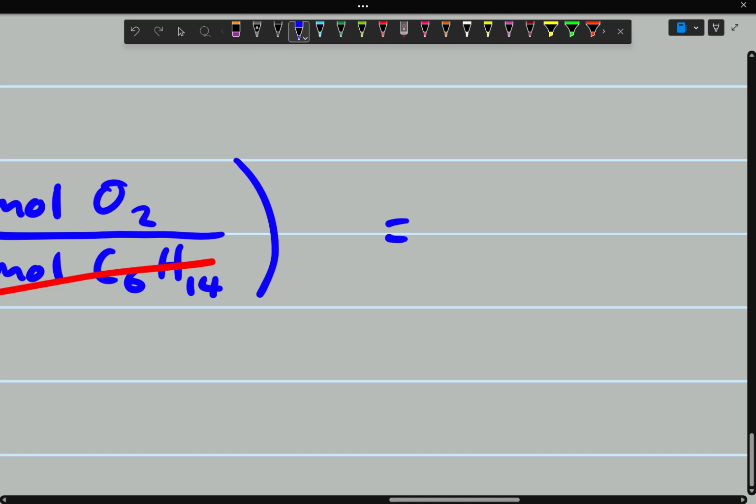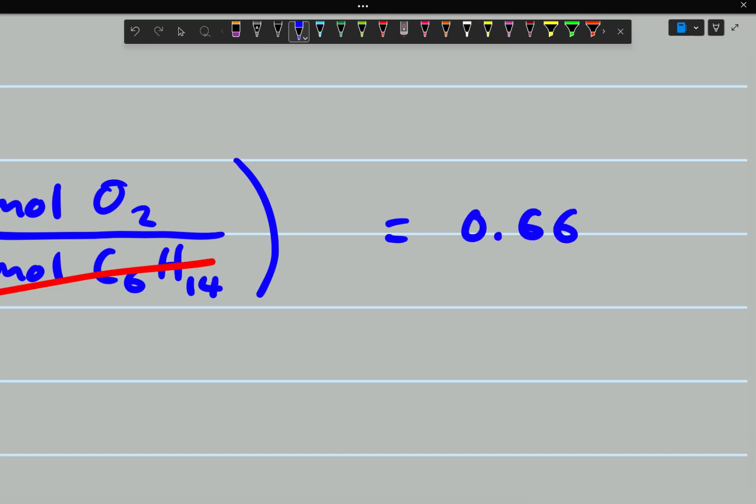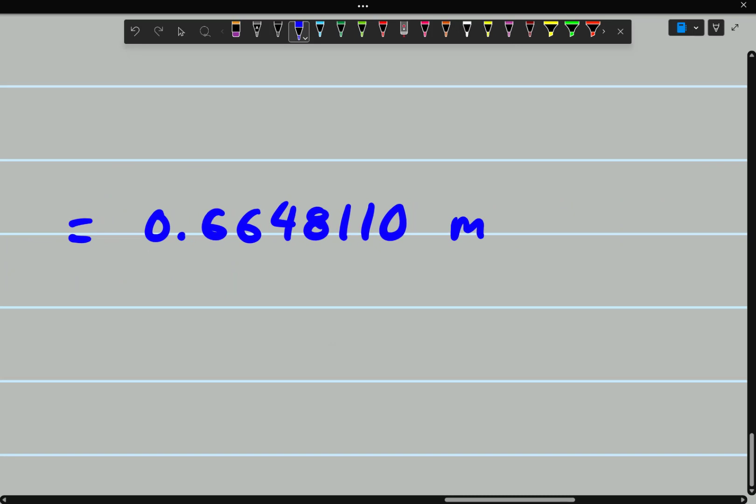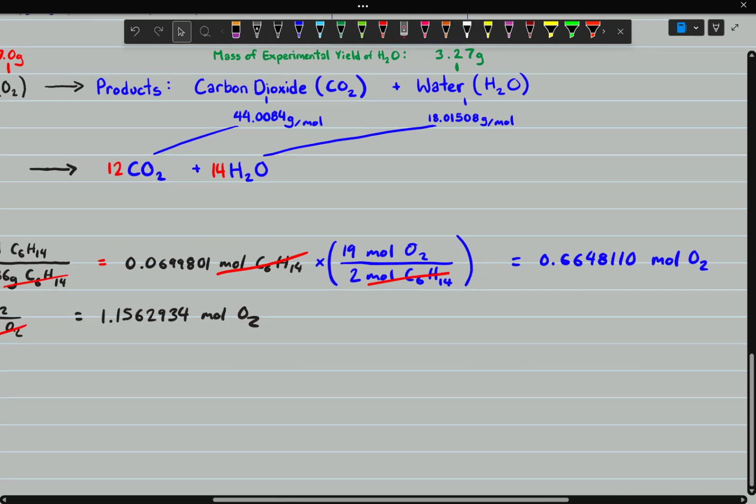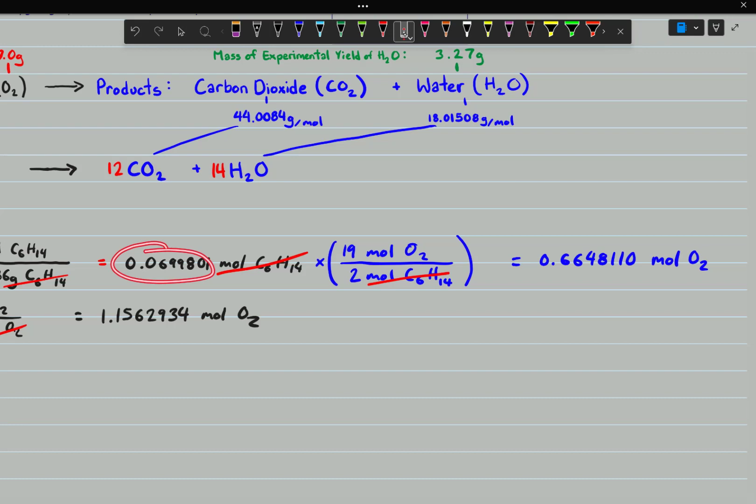And this gives us a value of 0.66481110 moles of O2. So this is how many moles of O2 will be used from our initial moles of hexane.